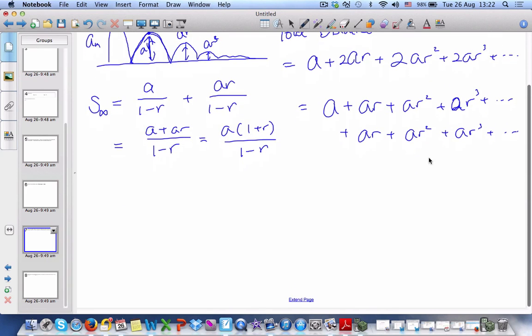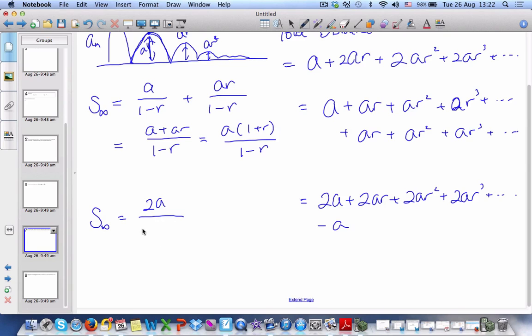We can think of this as 2A plus 2AR plus 2AR squared plus 2AR cubed and all the way to infinity, but you subtract A at the end. So what would that look like? So sum here is going to be, the first term is 2A, and the common ratio is R. But then you have to subtract A at the end.